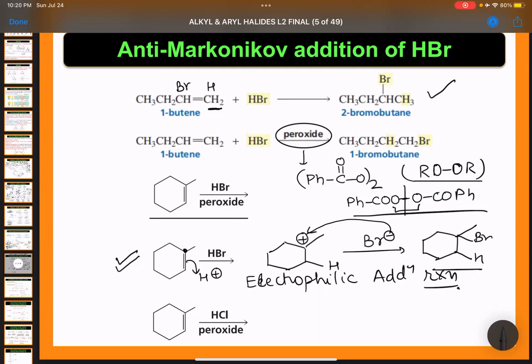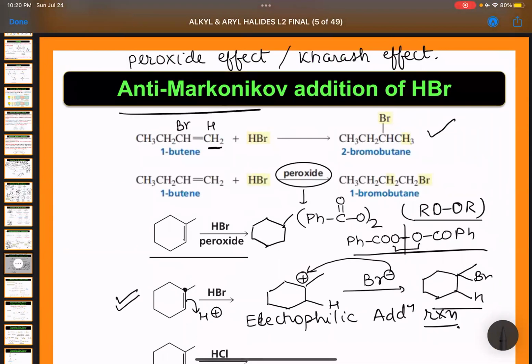Now this is a free radical addition reaction, and because the peroxide is there, even though we have not discussed the mechanism in detail, just by the name we can tell that the product formed is just the reverse of the normal Markovnikov addition.